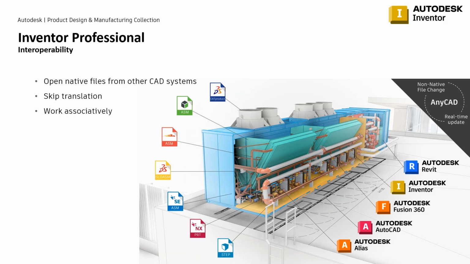But this AnyCAD technology allows you to reference it in. So for instance, maybe I'm working with somebody that has a STEP file or a SolidWorks part or assembly, and they constantly keep sending me updates of this design. Well, in the past, you'd have to reconvert it every time. Nowadays, you can simply reference it in. So as you get a new version of that file, Inventor automatically recognizes that and says, there's a new version. I don't have to retranslate it. I don't have to put constraints back together.